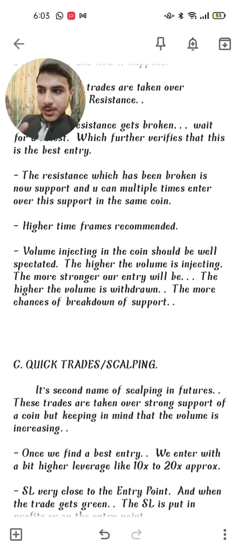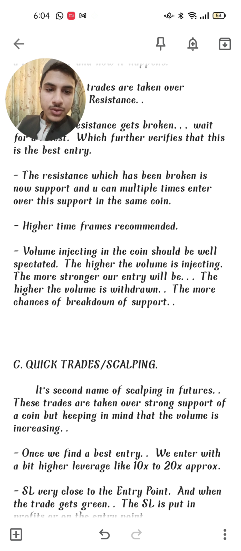You should well spectate that the coin you're taking entry in is breaking the resistance, but the volume should be high, which further verifies and is a plus point for your entry. If the volume is high, you are on the safe side, and the resistance will be a good support. So that's a good thing, that you also spectate the volume of the coin.